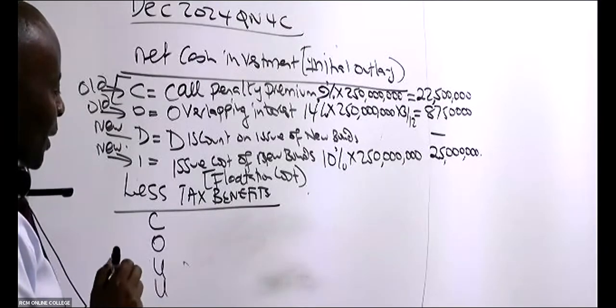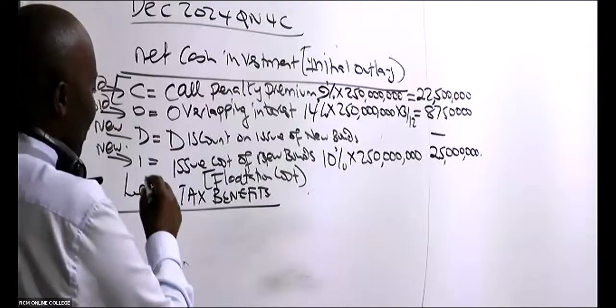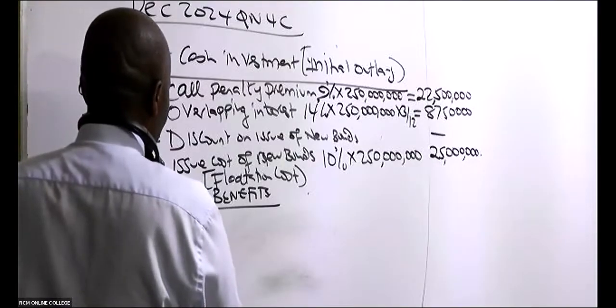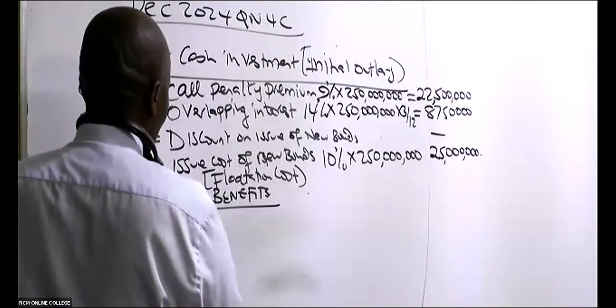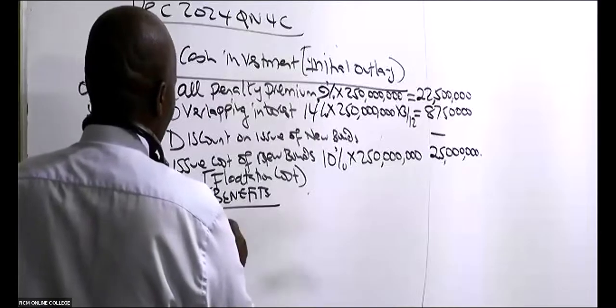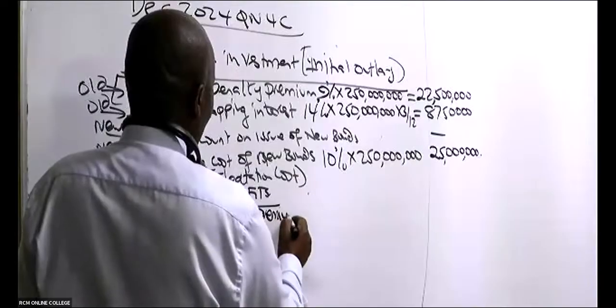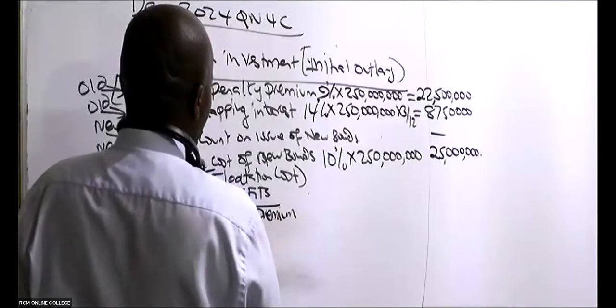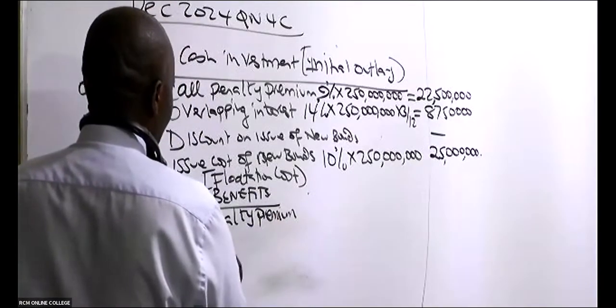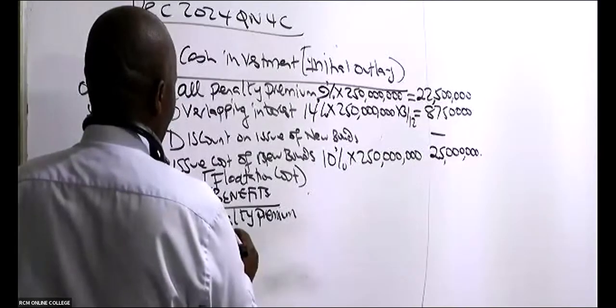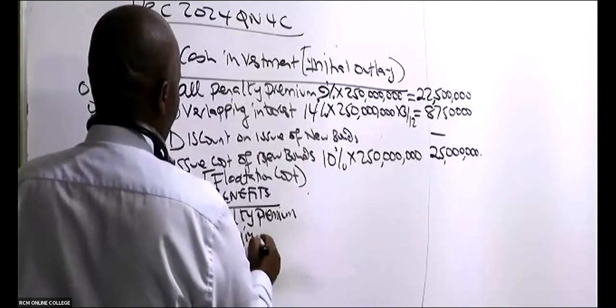So in this case here, we have a call penalty premium. So I can again write here for your revision. So this is call penalty premium. Then we have overlapping interest.